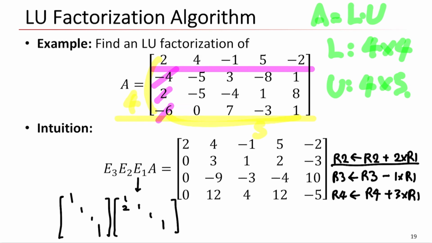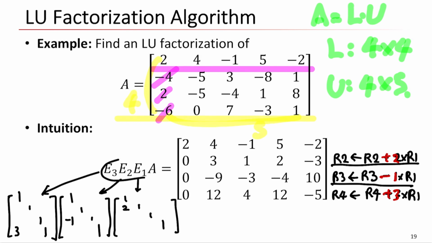What about E2? E2 is like this, because of this negative 1, right? Then what is E3? E3 looks like this. Okay, something like that.